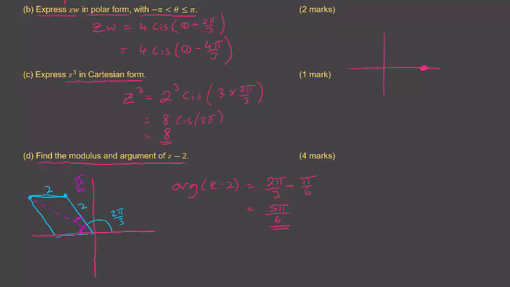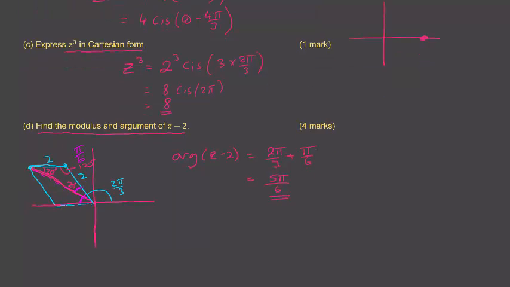Now, if this angle is pi by 6, or in degrees 30 degrees, then this one is also 30 degrees, leaving this angle here as 120 degrees. So for the modulus, we're after the length of the diagonal.